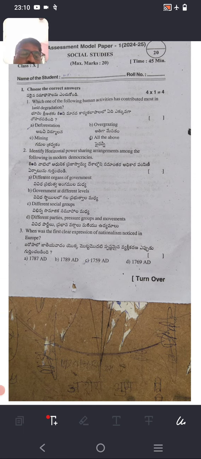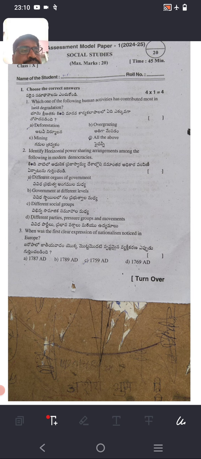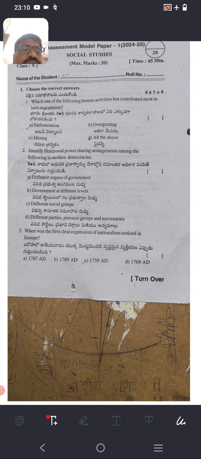The fourth question. Which is the first project for wildlife conservation in India? Options A Project Elephant, B Project Crocodile, C Project Tiger, D none of the above.